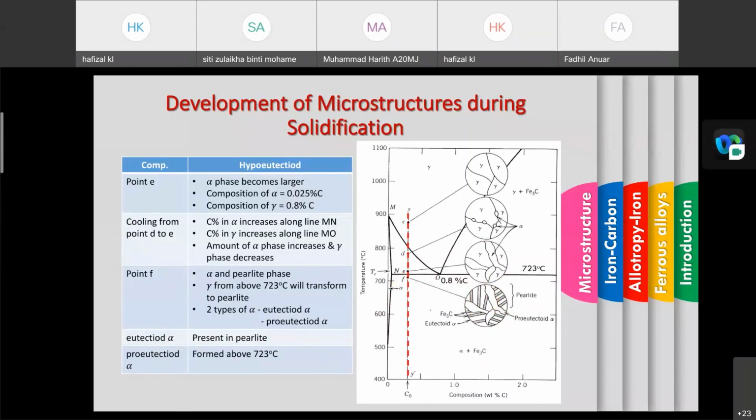There is a sandwich lamella at this area, and we call it pearlite, the existence of the alpha ferrite and also cementite.